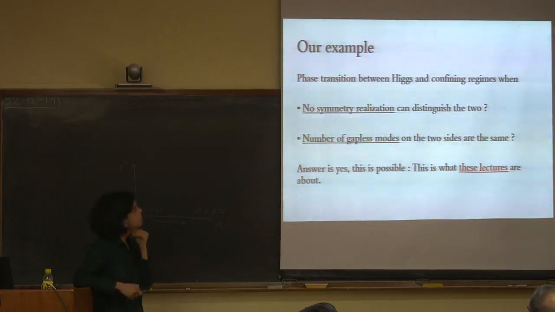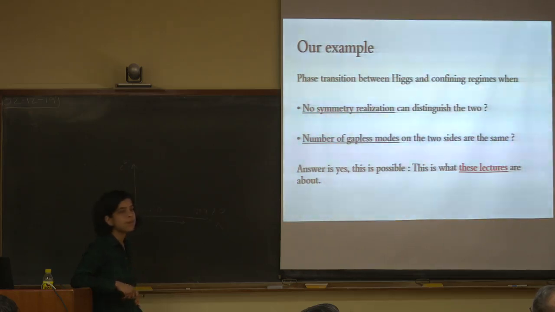So let me summarize what I want to ask. The question is, can there be a phase transition between Higgs and confining regimes when there is no symmetry realization that can distinguish the two sides? And this I didn't talk about at all, which is that the number of gapless modes on the two sides is also going to be the same. These two statements are sort of interchangeable in some sense, but depending on the context, one or the other is easier to use.